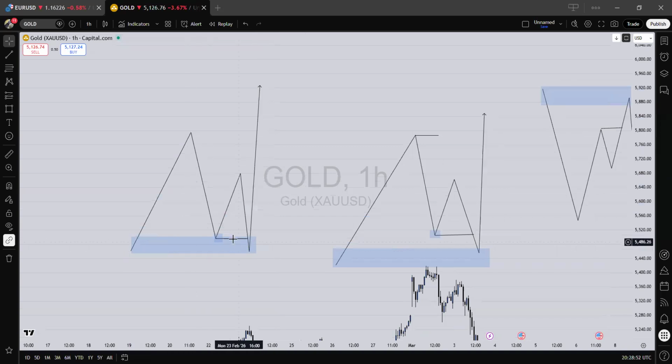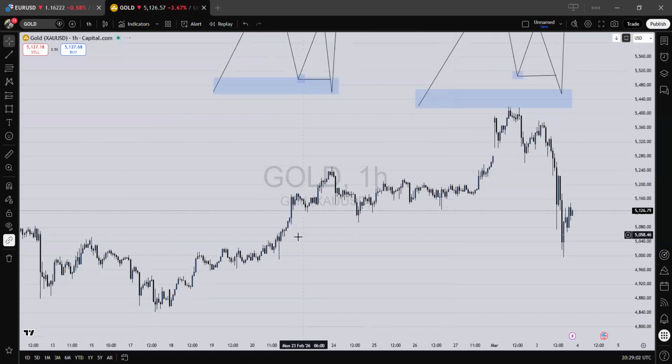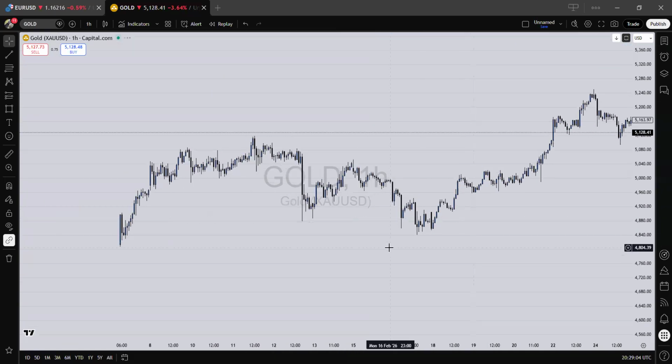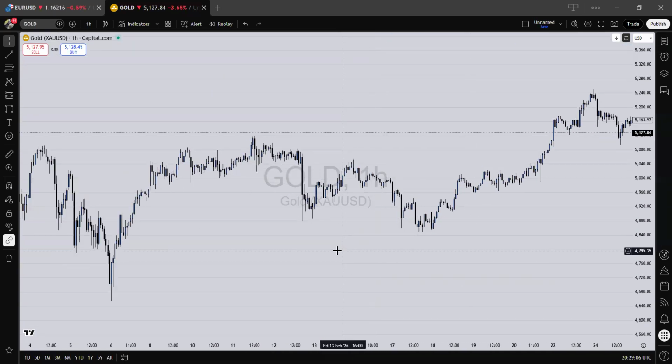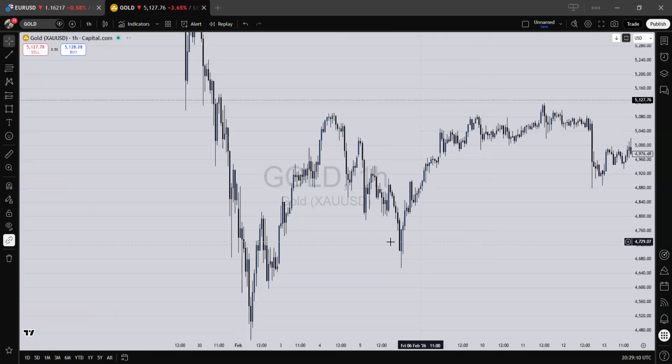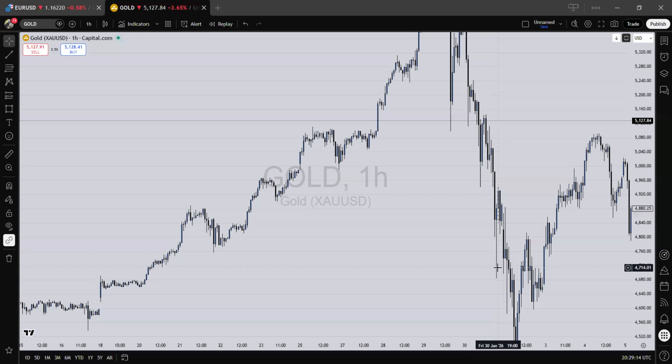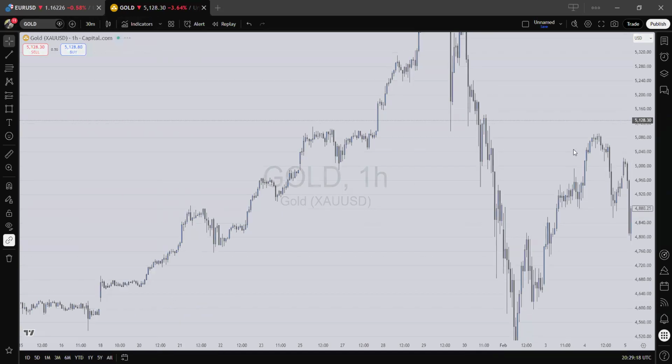Okay. Now, you look at this now, price engineers liquidity from the POI. Here, price engineers liquidity close to the POI. Let's look at both scenarios from the charts, where price engineers liquidity close to the POI, and where price also engineers liquidity inside our POI. Let me go to the 30-minute time frame.